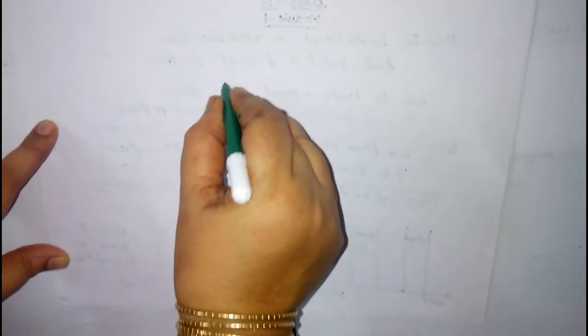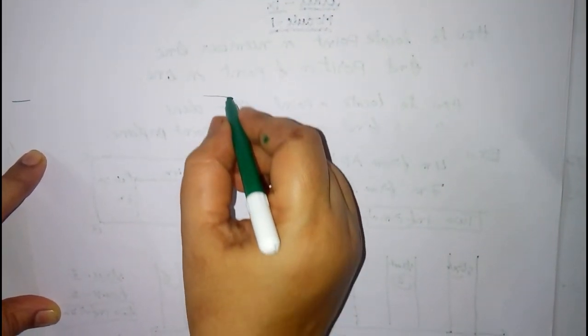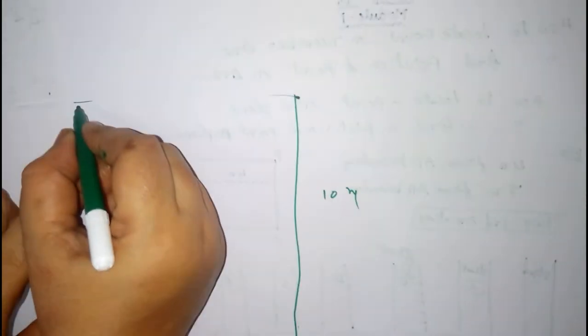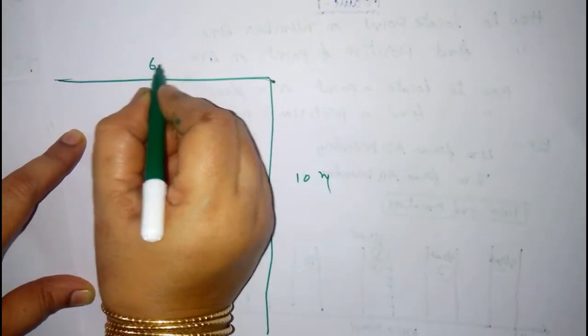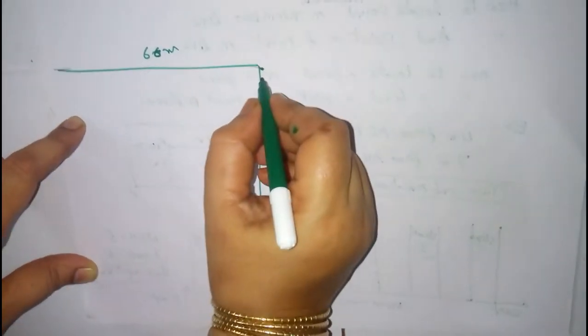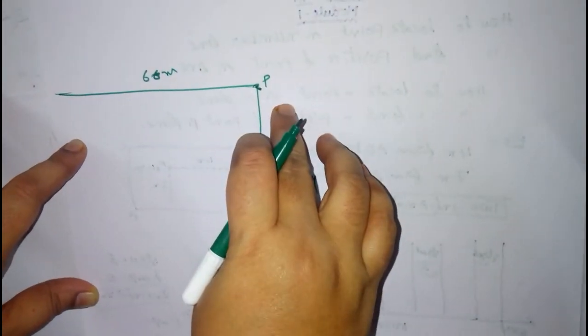With 10 meters above the bottom edge and 6 meters from the left edge, we can find the dot location. So here also this is the point P. We require two pieces of information.